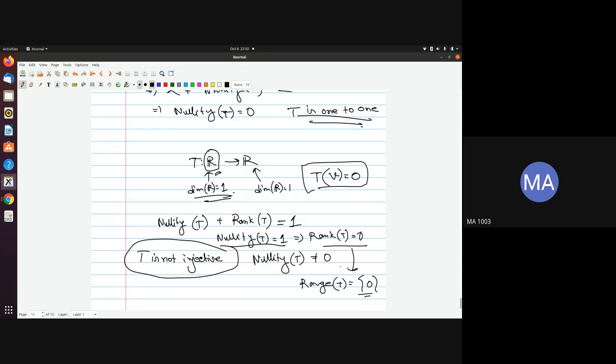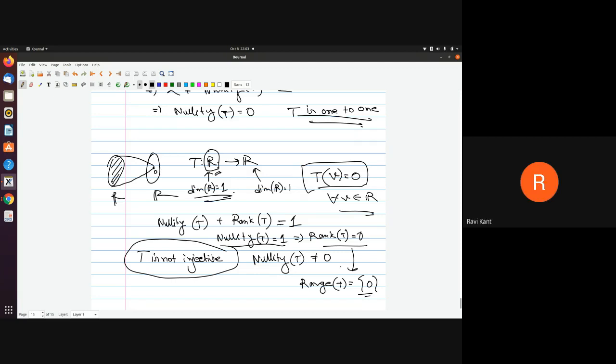What does rank of T is 0 mean? It means the range is basically the 0 subspace. So everything is going to 0. Whatever is coming from this R, everything is going to 0. So T v equals 0 for all v belonging to R. Is it clear? So here it is R, here it is R, everything is going to 0. This whole thing is the null space.